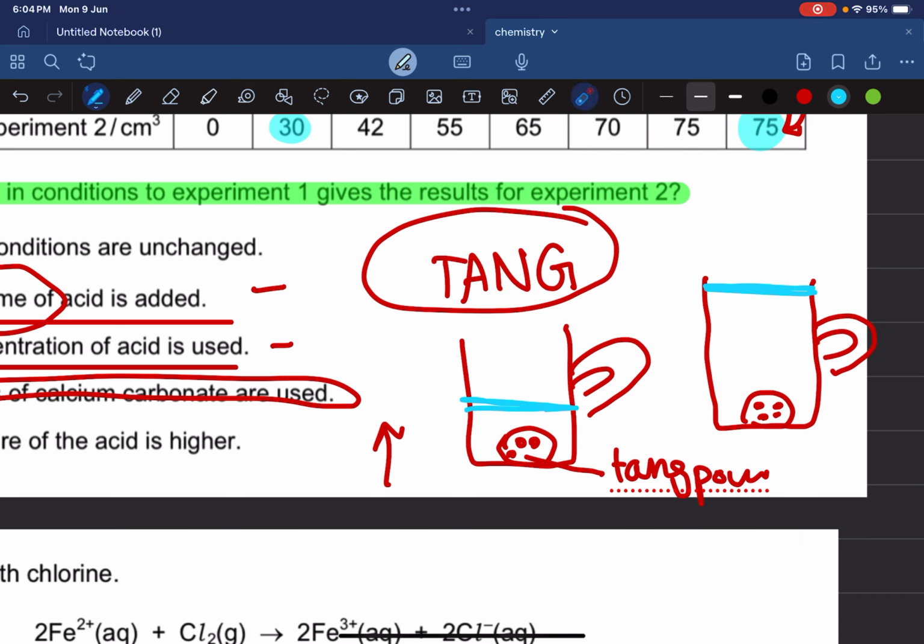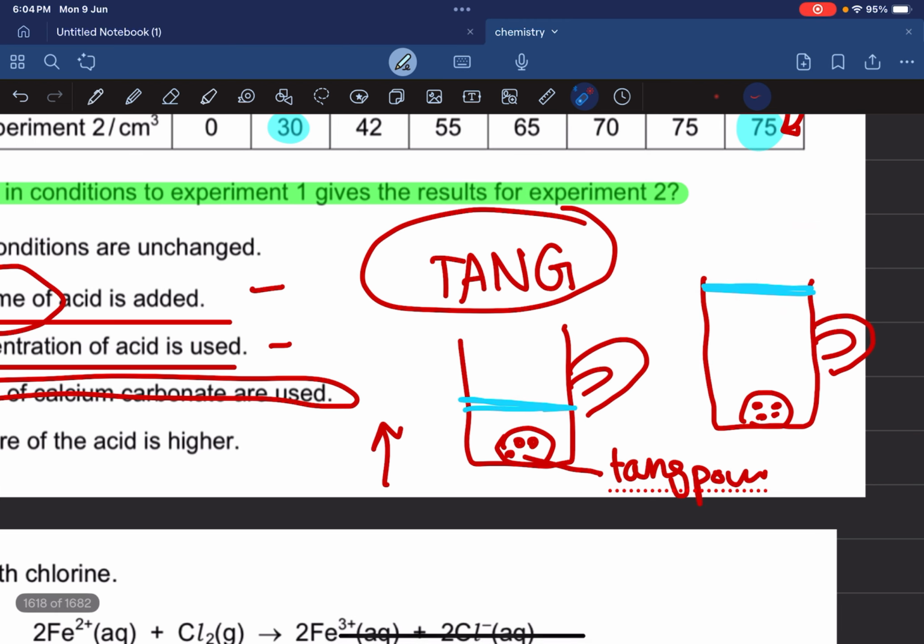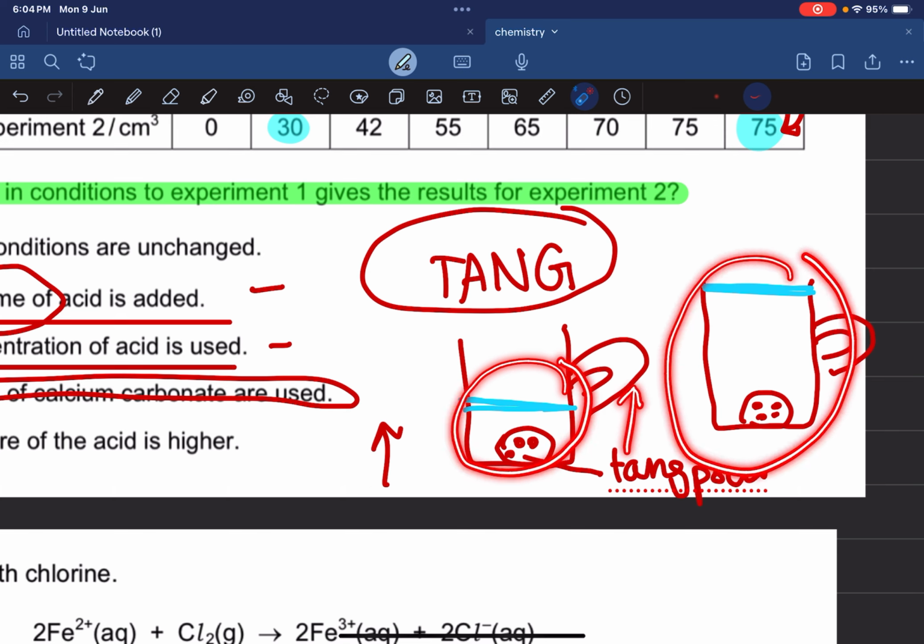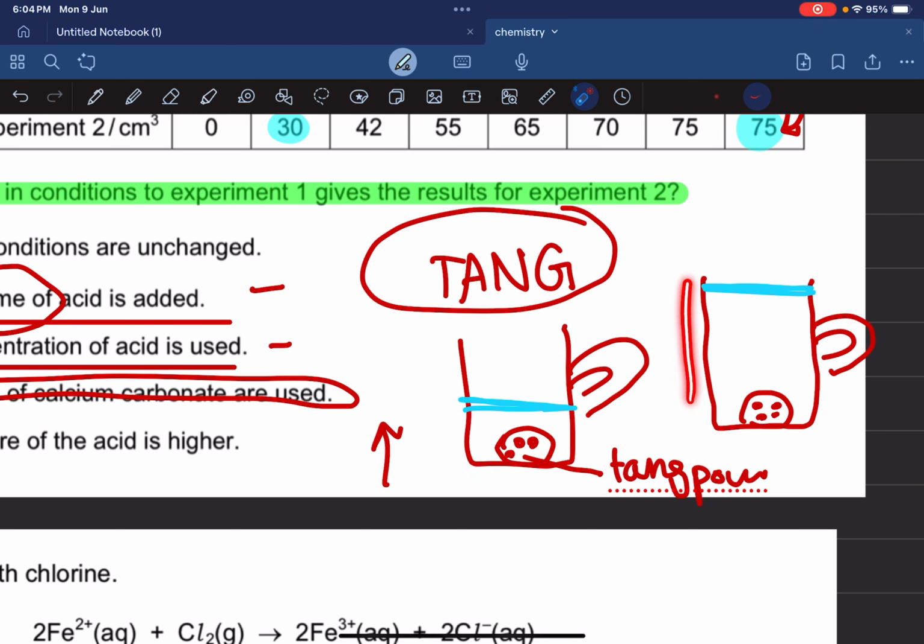Okay, I have made 1 jug of tang now. Over here as well, I added 1 spoon of tang. Over here as well, I added 1 spoon of tang. But over here, I took half the jug. Over here, I took 1 entire jug of water. By just looking at it, you know this one is going to be more tasty because it has more amount of tang, and this one is not going to be tasty at all because though the volume has been increased, the volume of tang has been increased.